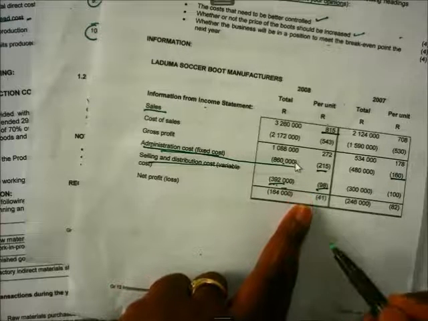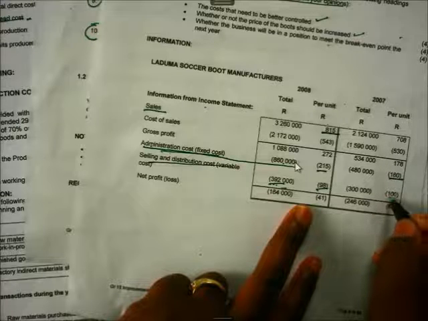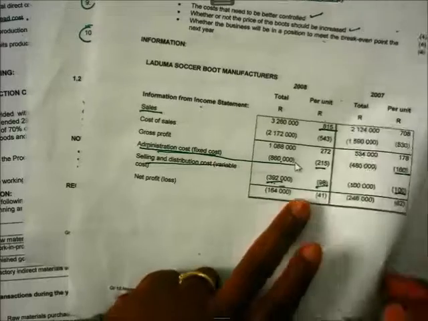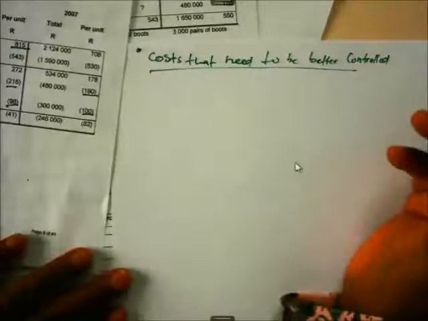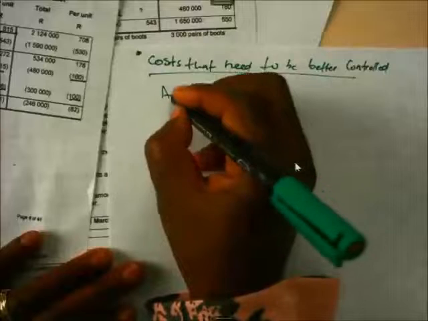In selling and distribution, the price per unit decreased from 100 to 98. So now we can say the costs that need to be better controlled is administration.